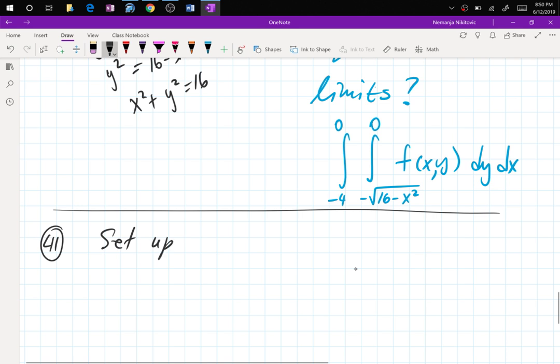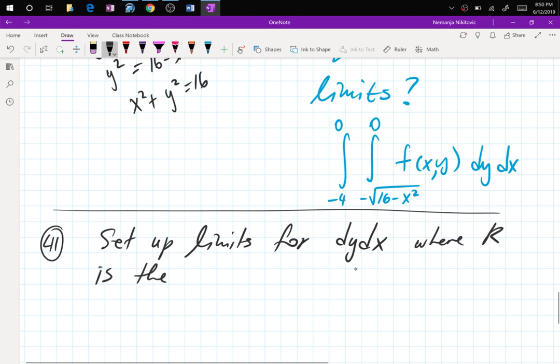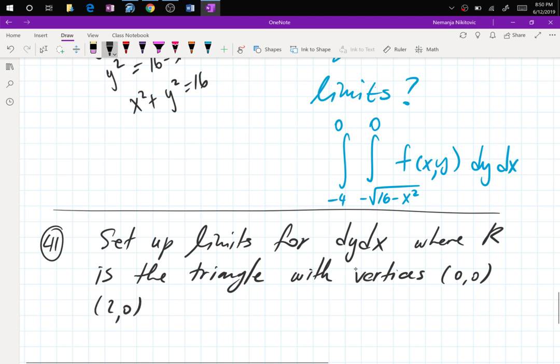Set up limits for dy dx, where R is the triangle with vertices 0, 0, 2, 0, and 1, 1.